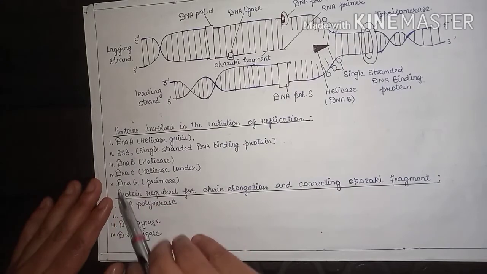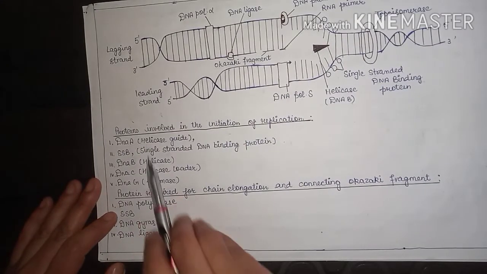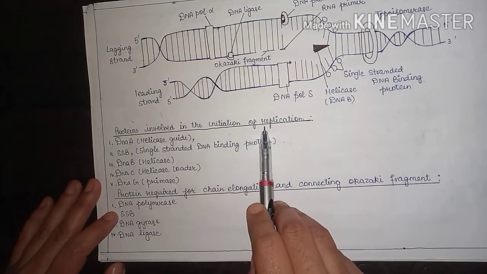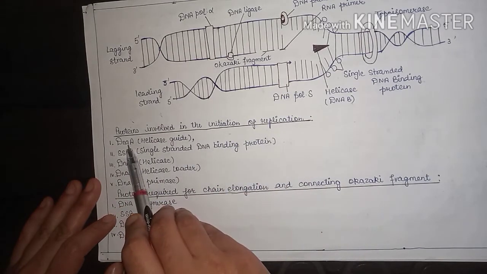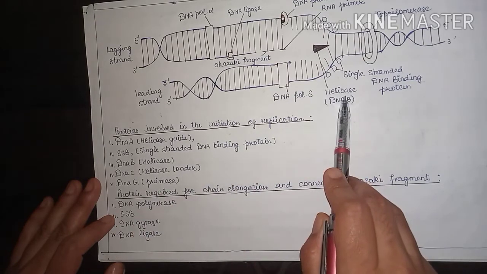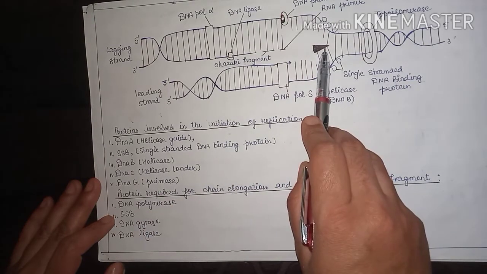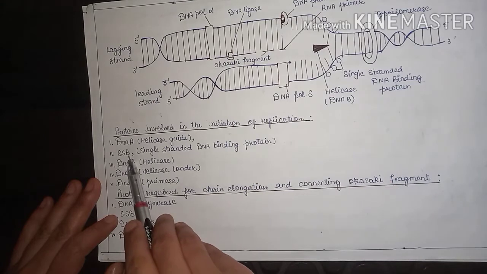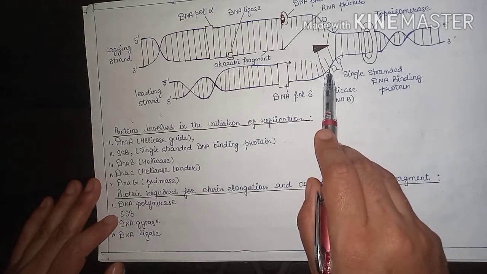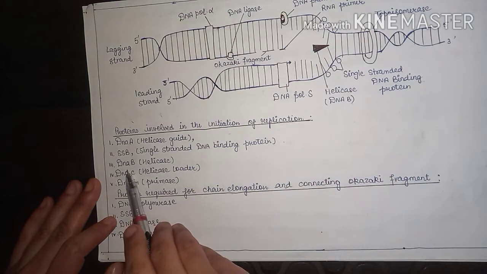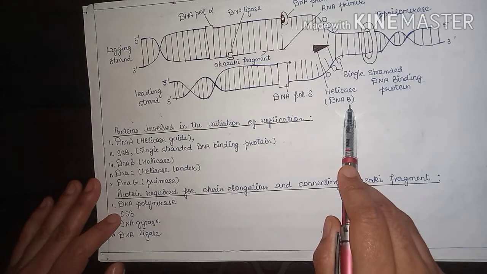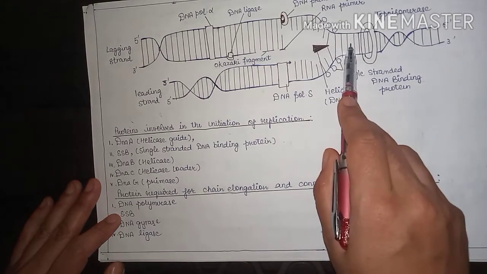So there are some proteins listed over here, sequence wise. The proteins involved in the initiation of replication are DNA A, which is the helicase guide. This helicase guide guides the helicase enzyme to act on the specific site, right? Single stranded binding protein acts on the strand and prevents it from recoiling. And the DNA B enzyme, that is helicase, is involved in the disruption of this strand.